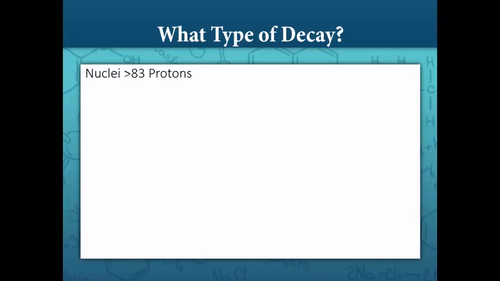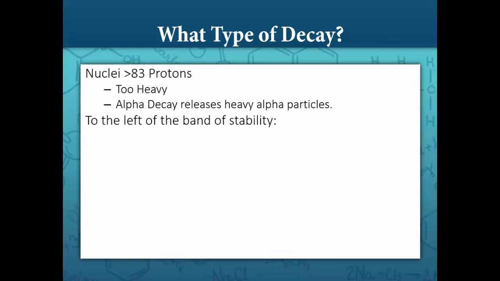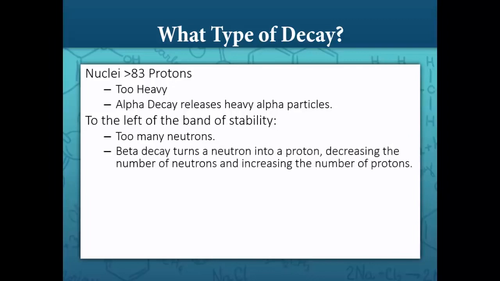If the nucleus contains more than 83 protons, it is simply too heavy to be held together by the strong nuclear force and will most likely undergo alpha decay, because emitting heavy alpha particles is the quickest way to reduce mass. If the neutron-to-proton ratio falls to the left of the band of stability, meaning it contains too many neutrons or too few protons, the nucleus will most likely undergo beta decay, because in beta decay, a neutron is turned into a proton, thereby decreasing the number of neutrons while increasing the number of protons.